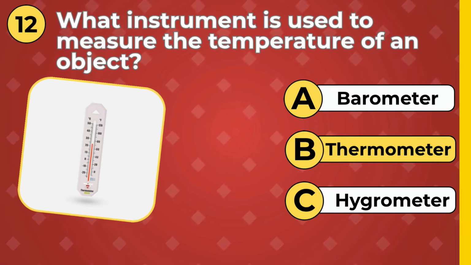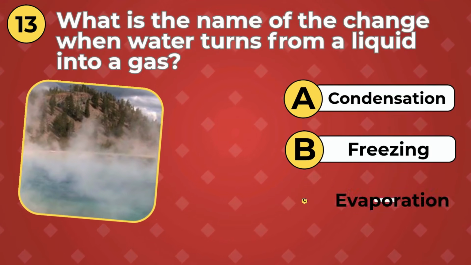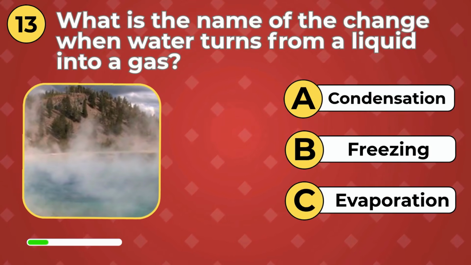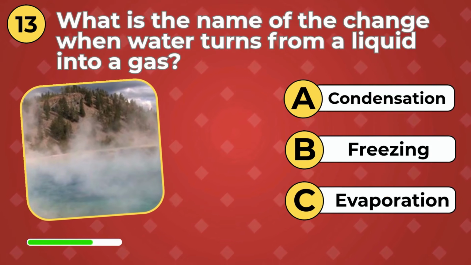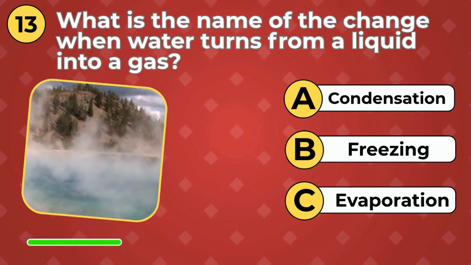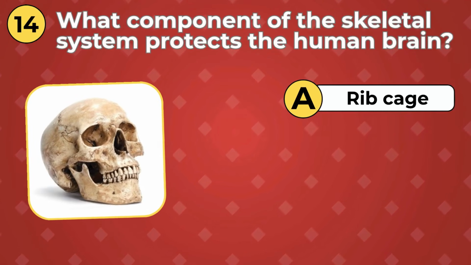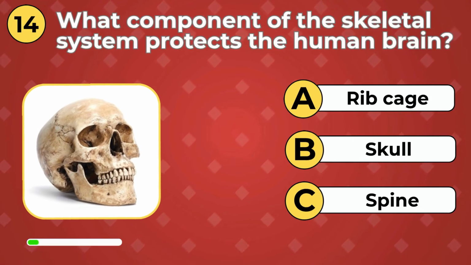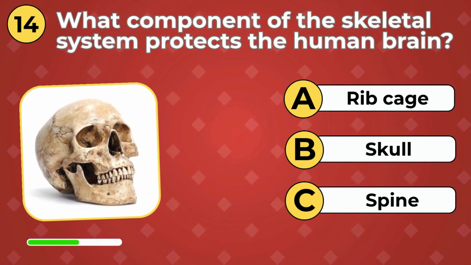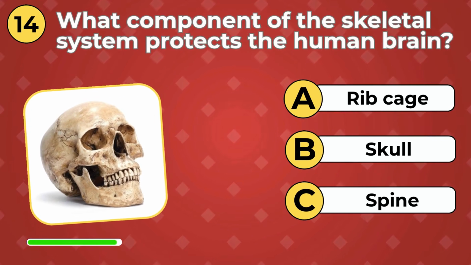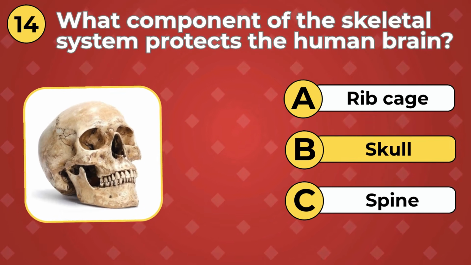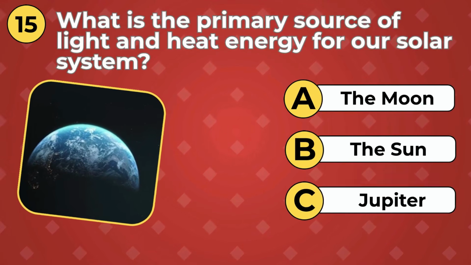A thermometer. What is the name of the change when water turns from a liquid into a gas? Evaporation. What component of the skeletal system protects the human brain? The skull. What is the primary source of light and heat energy for our solar system?